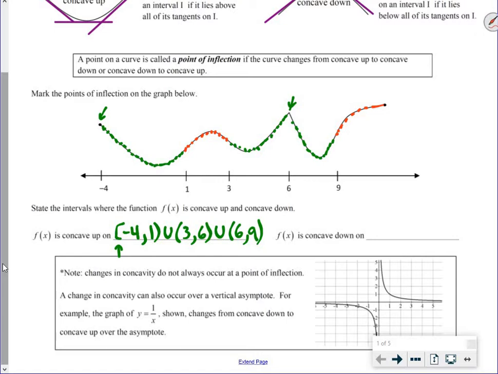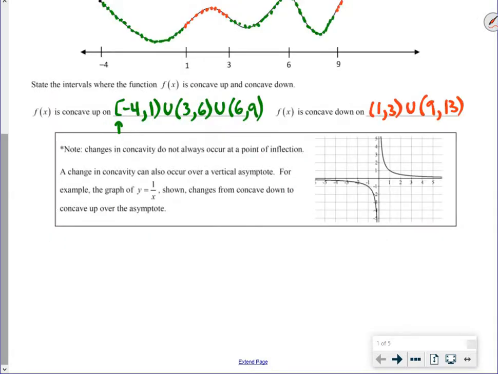Okay, and it's concave down going from 1 to 3, as well as from 9 to maybe 13-ish. Kind of hard to say where that ends, maybe.